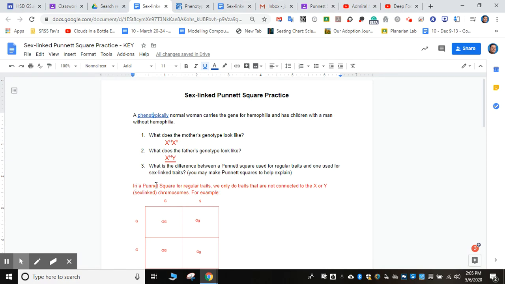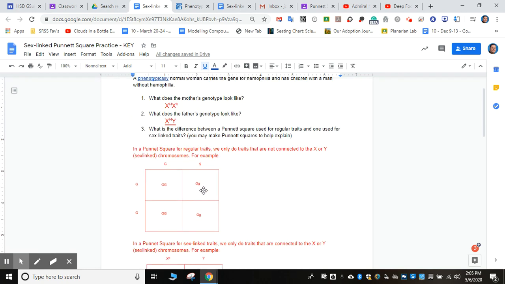In a Punnett square for regular traits, we only do traits that are not connected to the X and Y or sex-linked chromosomes. So basically everything else that's not attached to the X or Y. And for this one, we just use the single letters for each allele or for each trait in an individual.